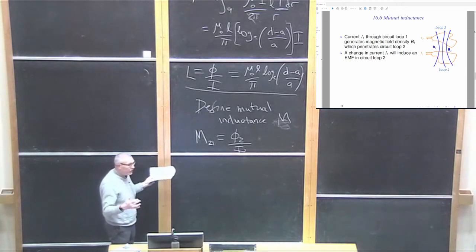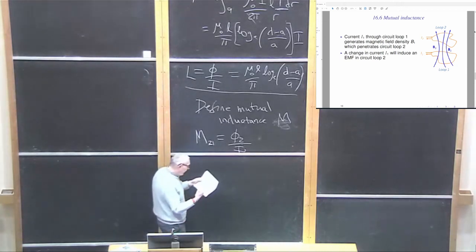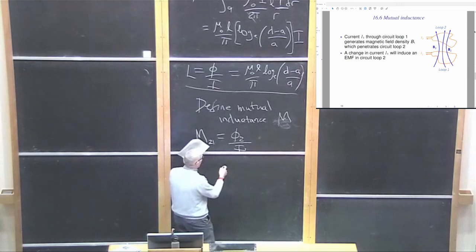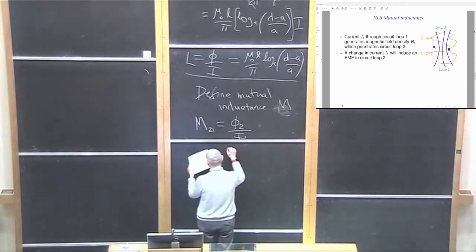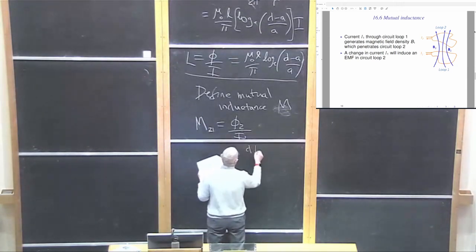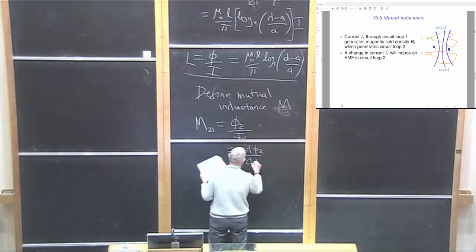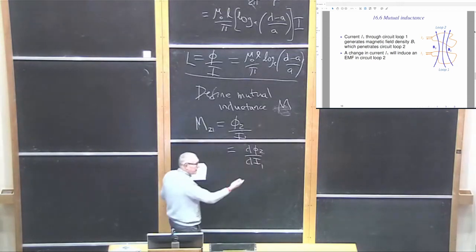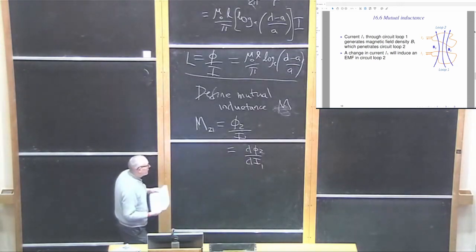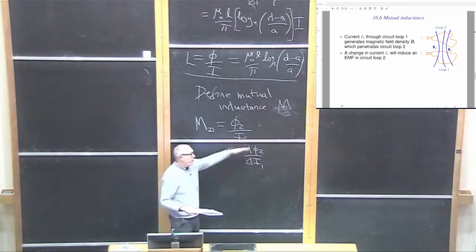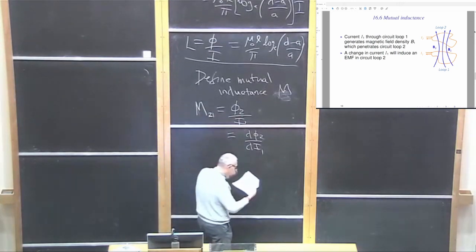Okay, remember it's all linear, so I can just as easily write here that this is equal to d phi 2 by dI1, which you'll sometimes see it written as well. All right, because it's all proportional, so it can be written either way.